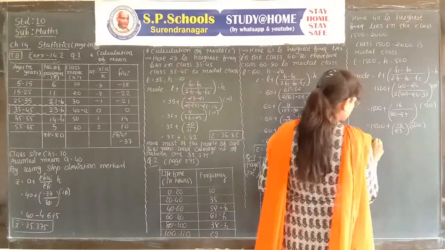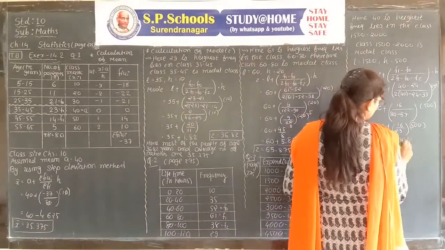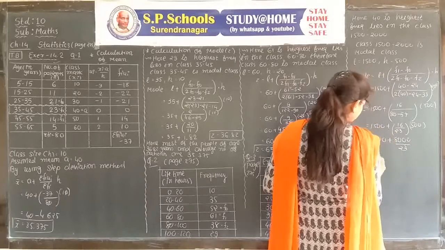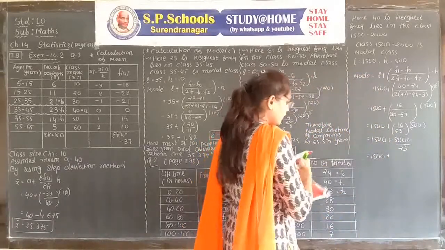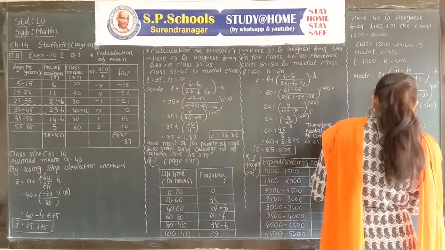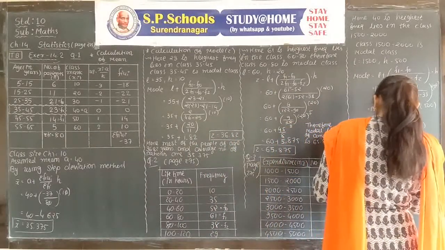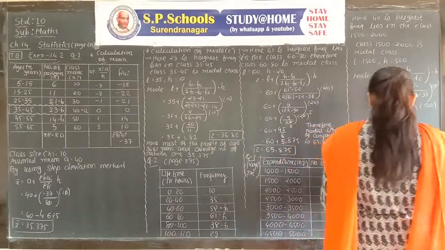Right now the cut is not possible. 1500 plus 8000 upon 23. Now we divide 8000 by 23. Whenever we divide 8000 by 23, we get 347.8.